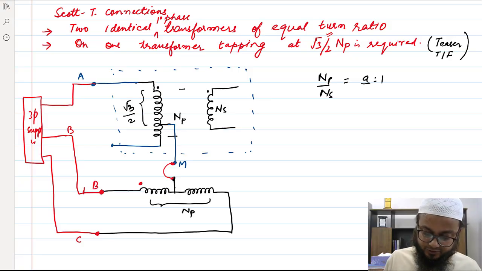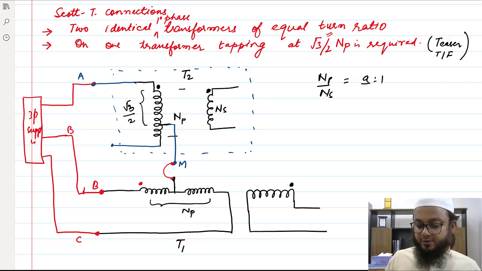Dots are marked here for the transformers. Let's say this is transformer T2, and this I will call transformer T1. The second one is known as the main transformer. We have the dot here and the dot here. If this is NP, the number of turns here on the secondary is NS, so the same turn ratio.